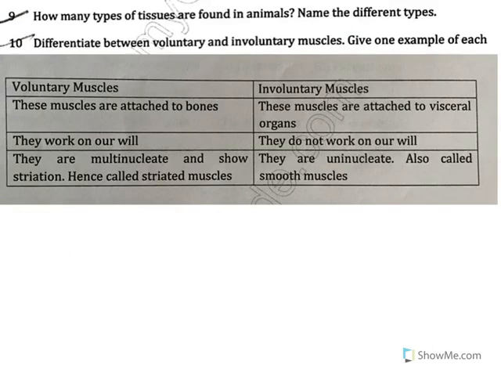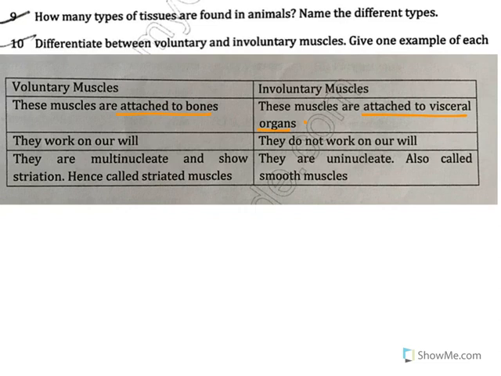Differentiate between voluntary and involuntary muscles. Voluntary muscles are attached to the bones. Involuntary muscles are attached to visceral organs, like they are present in the intestines, in the esophagus, in the stomach.